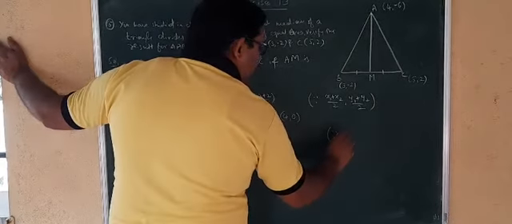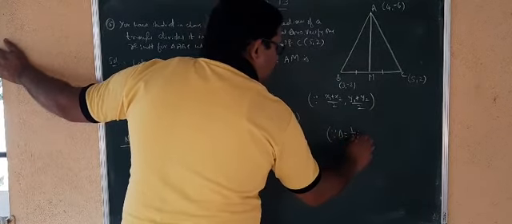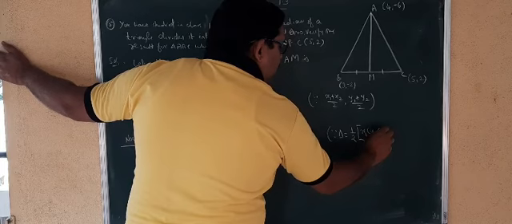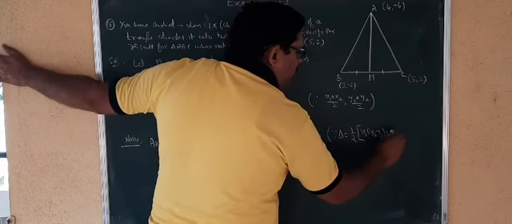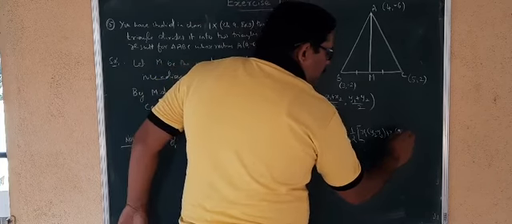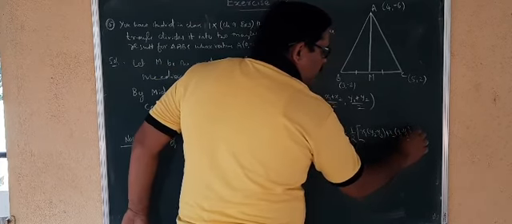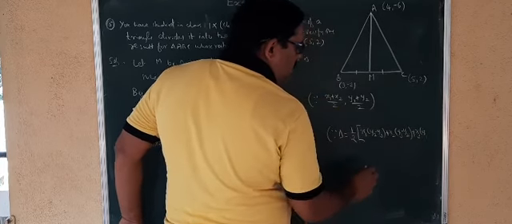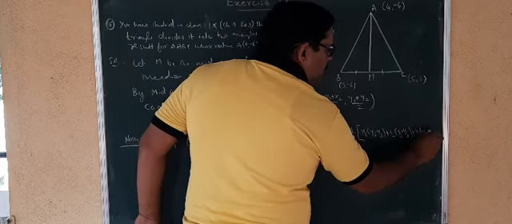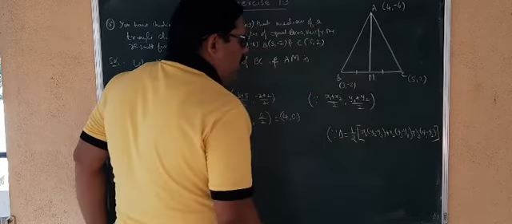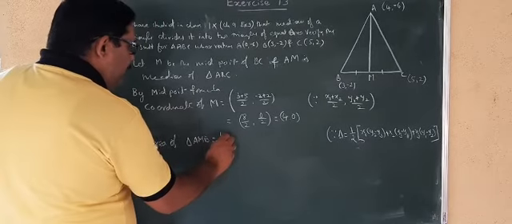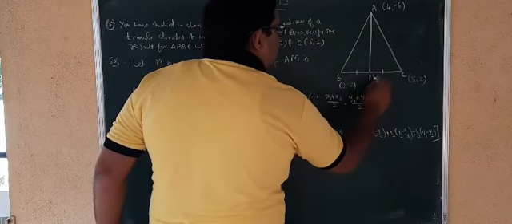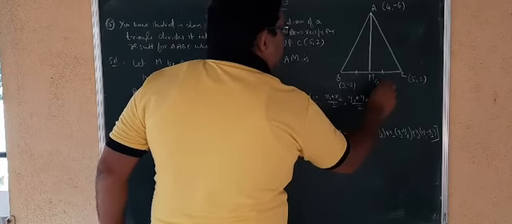The area of the triangle is given by half into x1 into (y2 minus y3) plus x2 into (y3 minus y1) plus x3 into (y1 minus y2). Now, half for AMB, this is x1 y1, x2 y2, x3 y3. M is (4, 0).